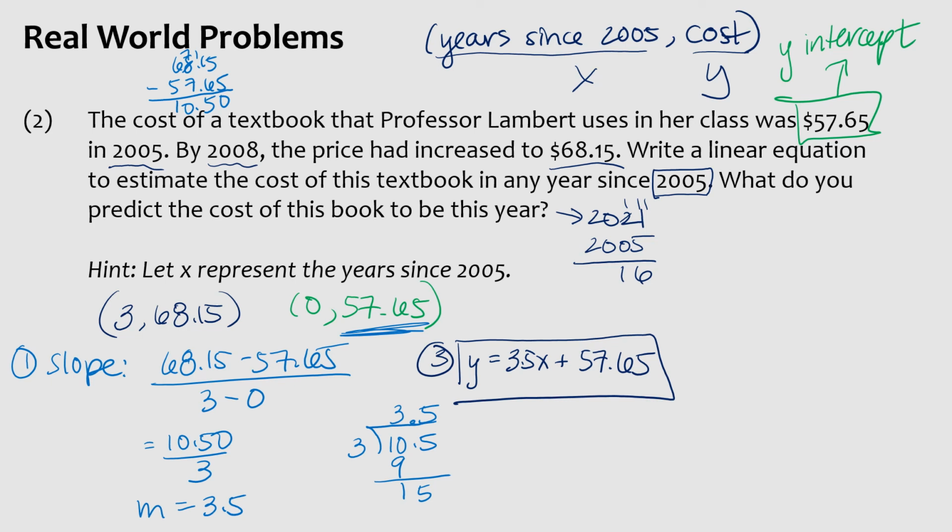So I know that my x is going to be 16, and I want to solve for my y. I'm going to just plug this into the equation and say y equals 3.5 times 16 plus 57.65.